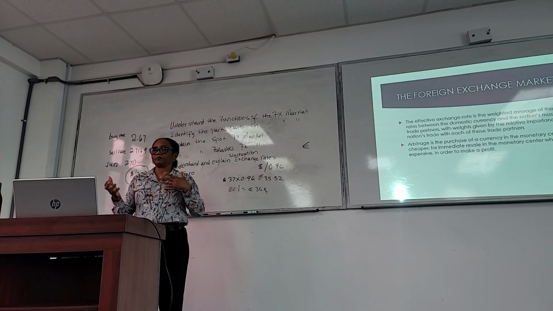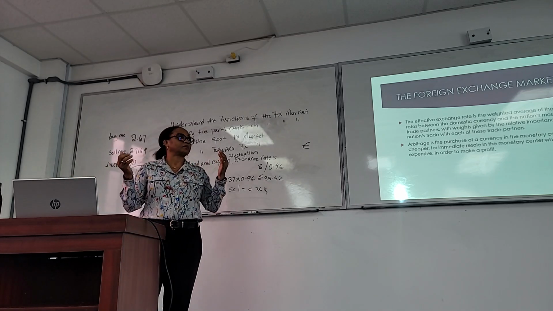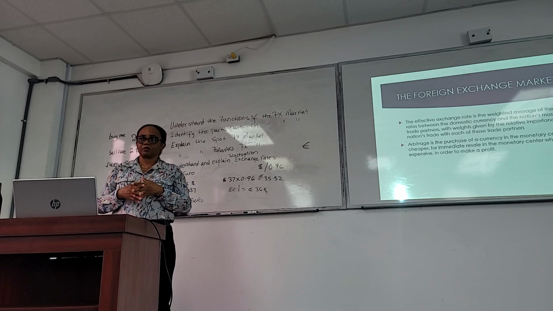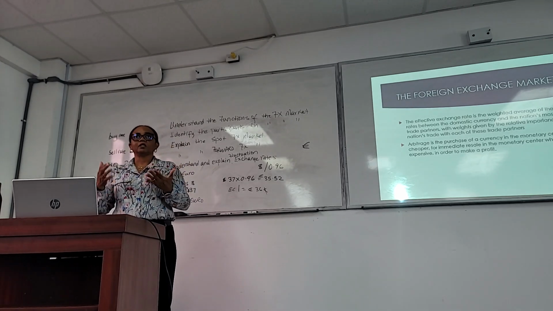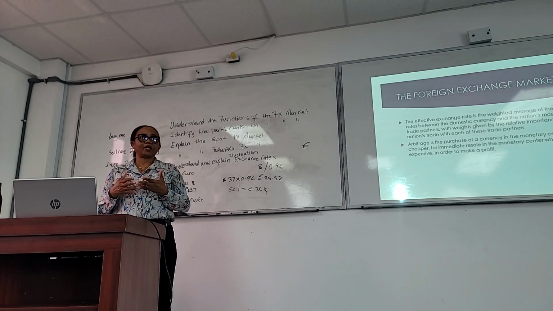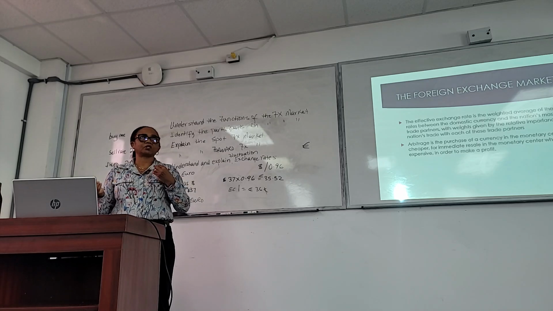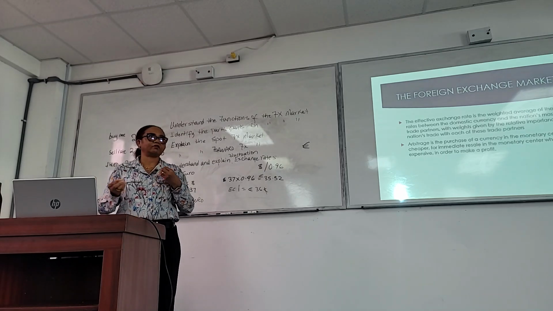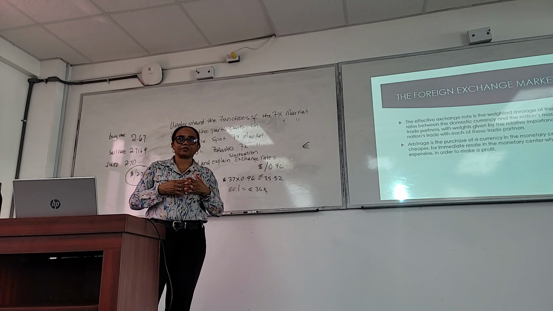And those things will occur because of asymmetric information. Asymmetric information meaning not everybody has the same information. And then the arbitrageurs will also use mismatches between forwards and futures, which we'll talk about a little later on.